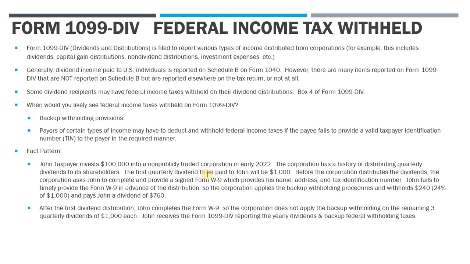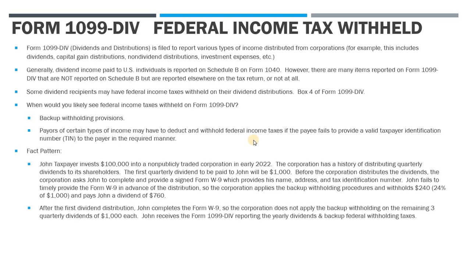So why would you have federal income taxes withheld? Backup withholding is, frankly, the number one reason why you would even see that amount on your 1099. So backup withholding requires payors of certain types of income, which includes dividends, to deduct and withhold federal income taxes if the payee, so this is the recipient of the income, fails to provide a valid taxpayer ID number.